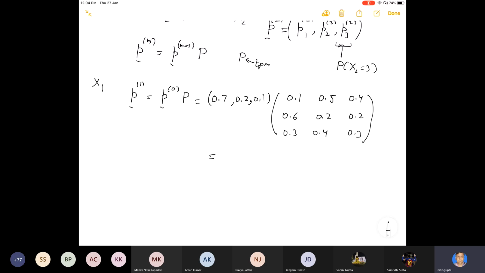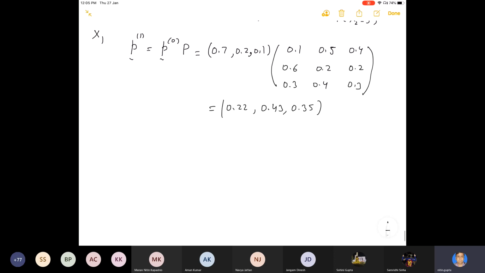After solving this we will get 0.22, that means 0.7 into 0.1 plus 0.2 into 0.6 plus 0.1 into 0.3, that is 0.22. Next value is 0.7 into 0.5, 0.2 into 0.2, 0.1 into 0.4, which is equal to 0.43. And the next value is 0.35. This is the probability mass function of X1.